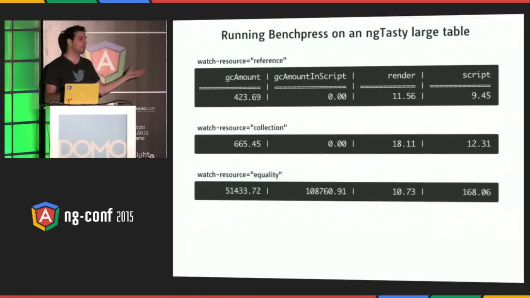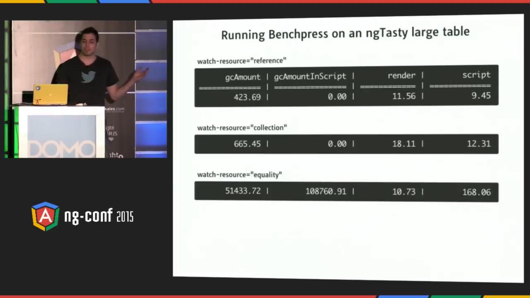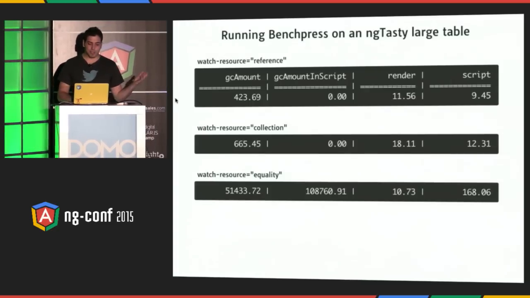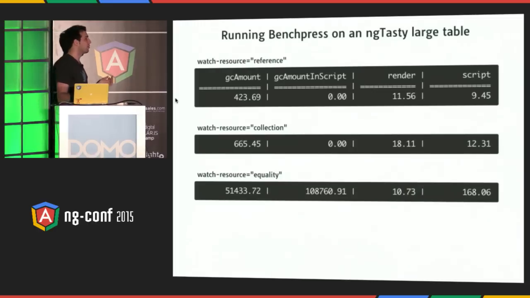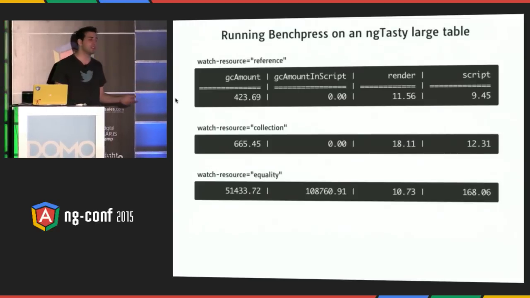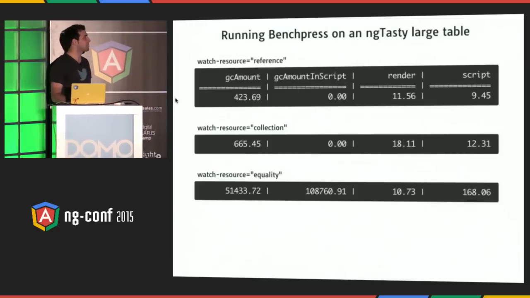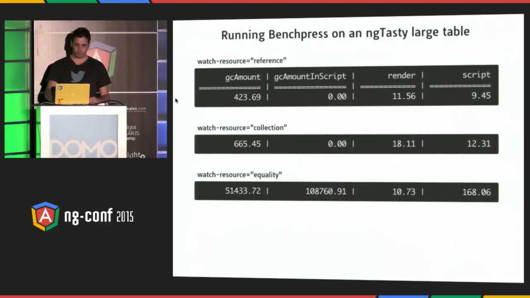Which one should I implement? With BenchPress, which makes it very easy to write tests, you can actually see very quickly that the reference one is the faster one, of course. The collection is slightly slower, but still it's just 12 milliseconds. And the deep watch is pretty expensive, especially for the amount of memory that it keeps.